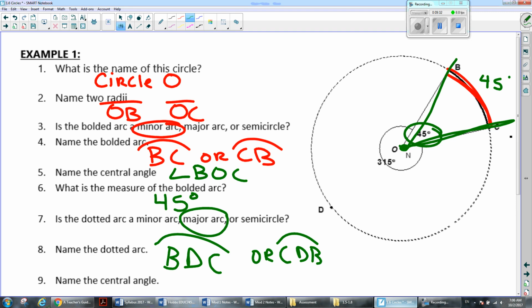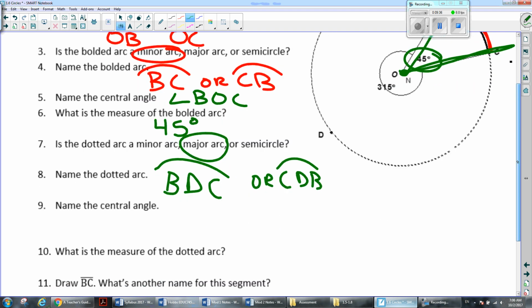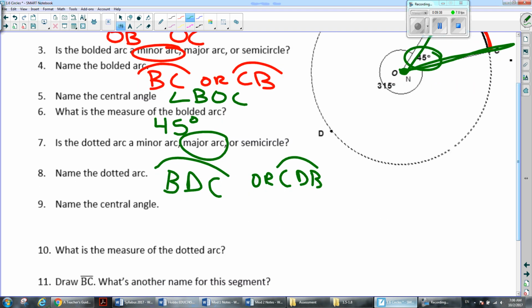Okay, if we're looking at that, we have the same central angle, angle BOC. The measure of the dotted arc would then be 315 degrees. That's where it's showing us right here.